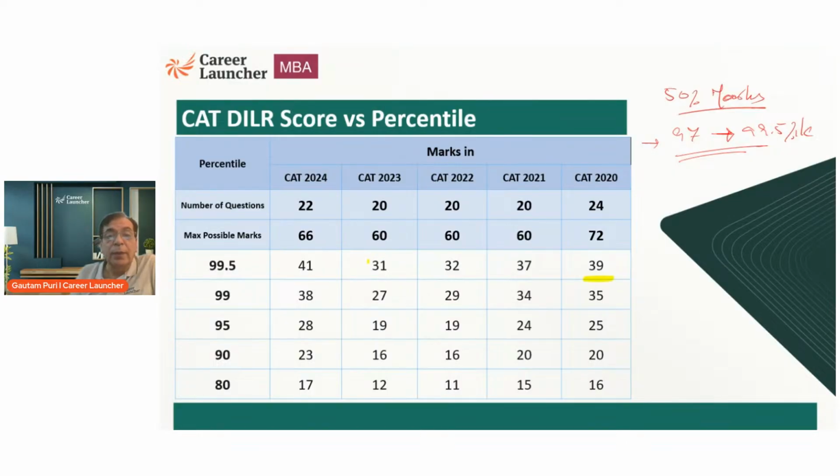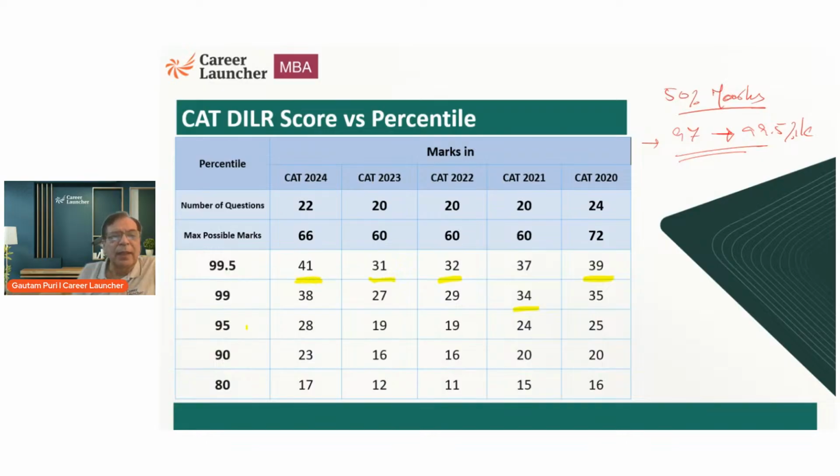That means 50% would be 30 marks. 30 marks in CAT 21 would have got you something like a 97.5 percentile. 30 marks in CAT 22 would have got you above 99 percentile. 30 marks in CAT 23 would have got you almost 99.5 percentile. So look at the variation, and it is by and large around 50% marks that we are looking at.